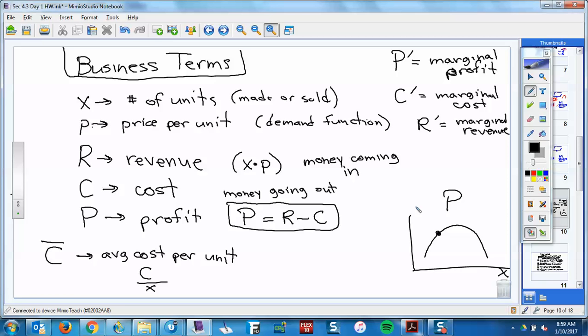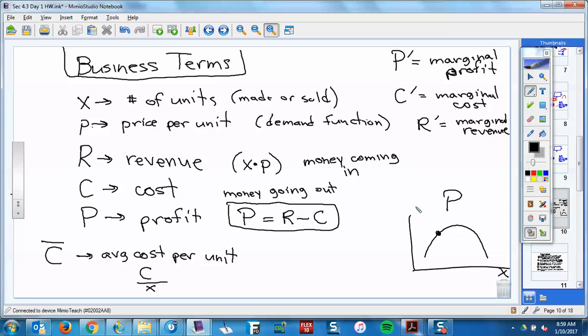If you're right here on the profit function, what should you be doing? You should be making more. So if the marginal profit is positive, to a business person, that's saying we should be producing more, because our profit is growing, so we want to keep going.